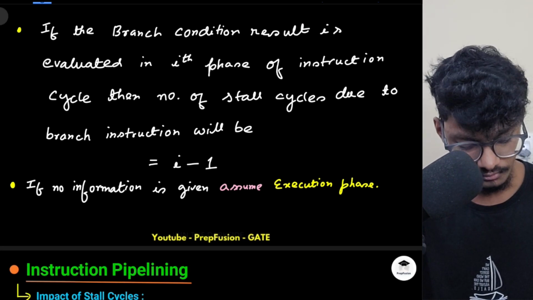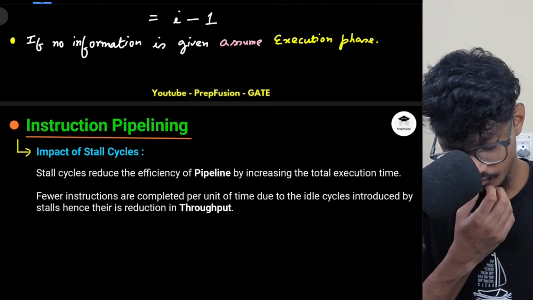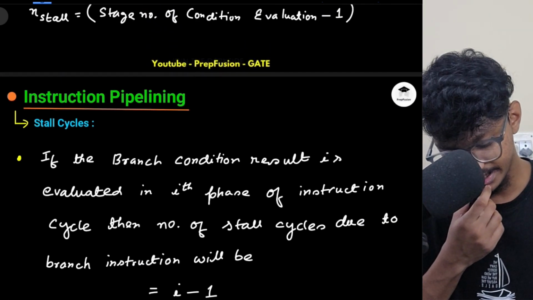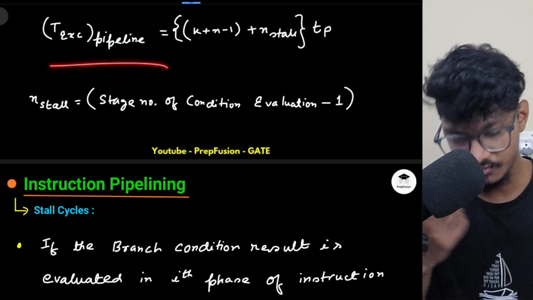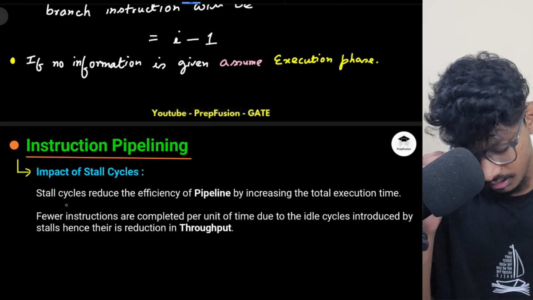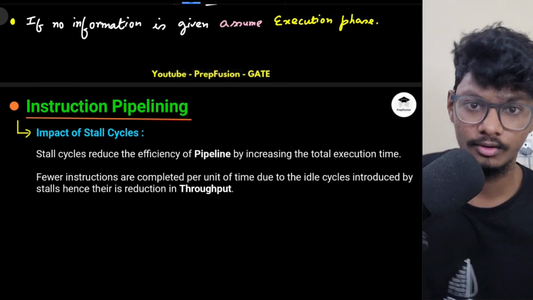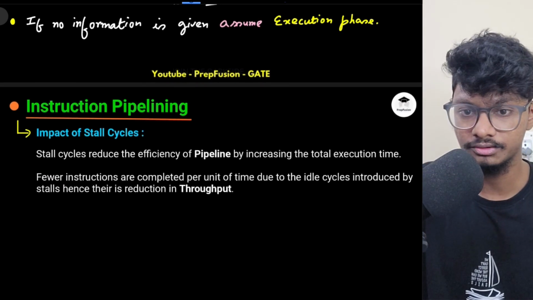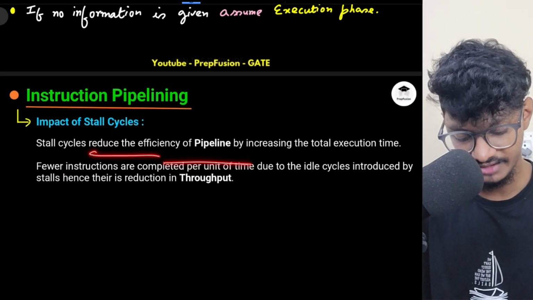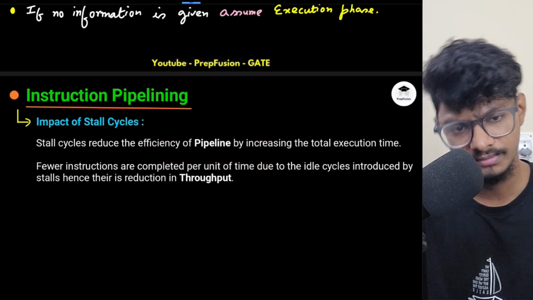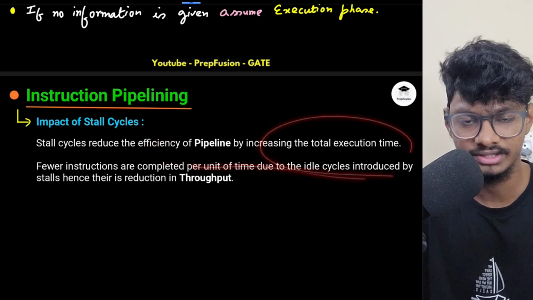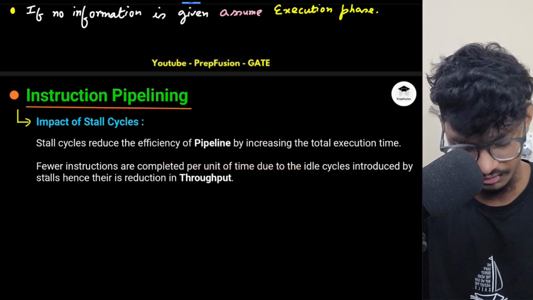What are the impacts of stall cycles? Obviously your total execution time increases. If the execution time increases, then throughput reduces, because the number of instructions you can do per unit time reduces. Stall cycles reduce the efficiency of the pipeline; we'll understand efficiency later.